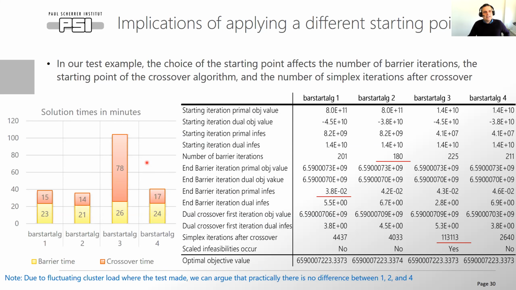And here, sorry for this messy slide, it's a test of how our model performs with bar start alg 1, 2, 3, and 4.